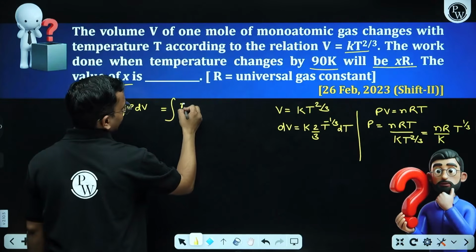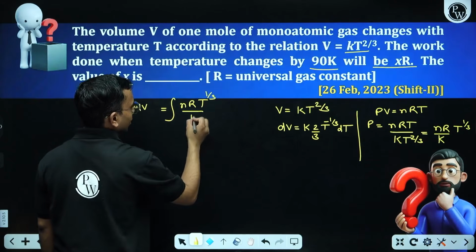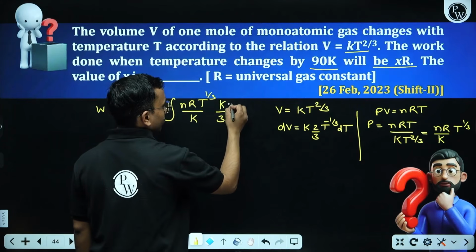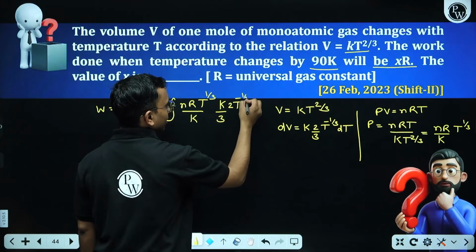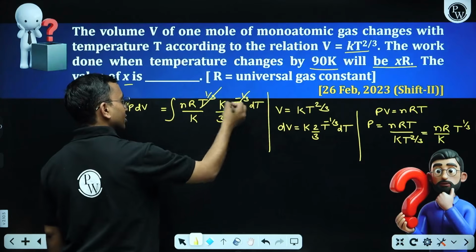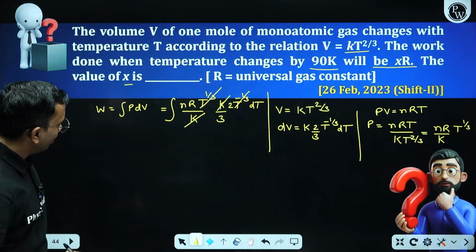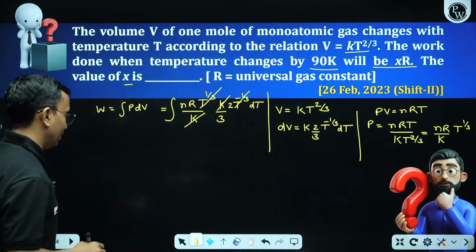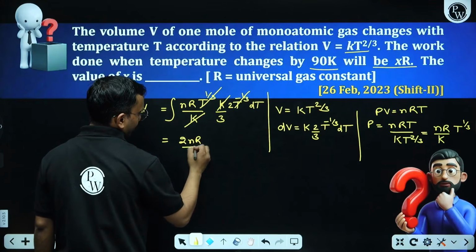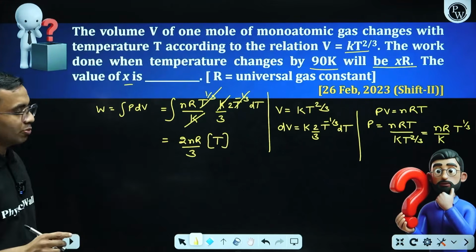P is nR T to the power 1 by 3 by K, into dV, which is K by 3 into 2 T to the power minus 1 by 3 dT. T to the power 1 by 3 minus 1 by 3. K and K cancel. So this becomes 2nR by 3, and that is constant, so that will come out. So 2nR by 3, and integration of dT is T.